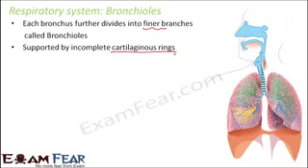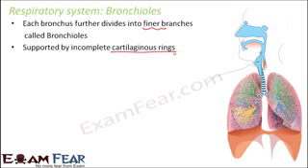Again, just note that all the structures which form a part of the respiratory system are quite tough and hard, especially these tube-like structures. Whether you talk about the trachea, the bronchi or the bronchioles, they all are supported by cartilage. That means they are not elastic in nature.